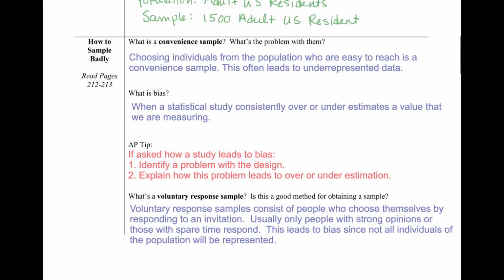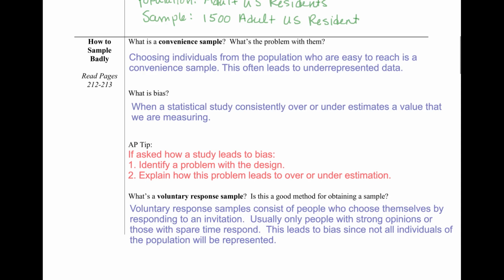If you think about it, people with spare time are usually retired, so if we're doing a survey, we tend to get older people who do a lot of these surveys, so that definitely over or underestimates what the response looks like, and that definitely could lead to bias.